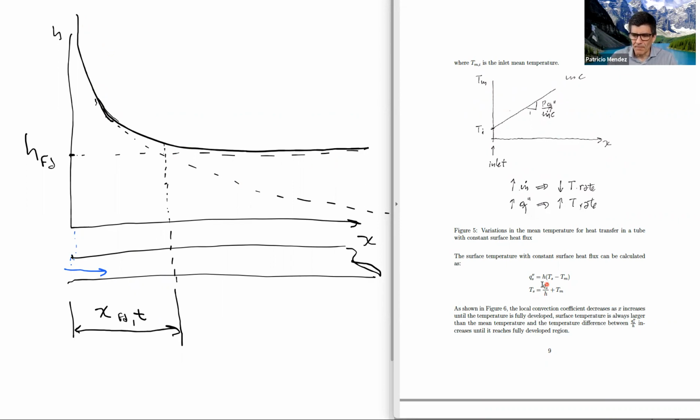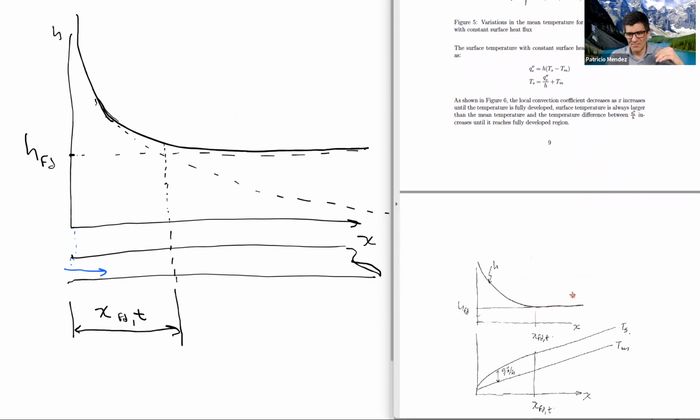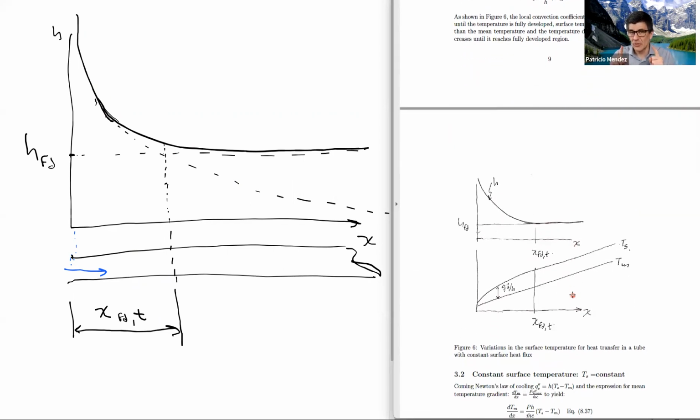So in the entry length, this term here, the heat flux divided by the convection coefficient, is very small. It starts at 0 pretty much, right? And eventually increases to the steady state value. Therefore, if we want to look at the surface temperature of the pipe from the inlet of the tube all the way downstream, what we would see is that the mean temperature increases linearly.